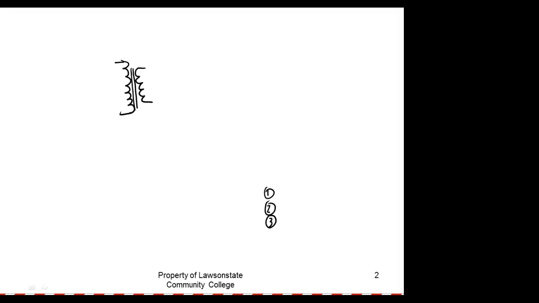What 3 things are required to produce a voltage electromagnetically? We're trying to produce an electromotive force using magnets. What 3 things do we need?